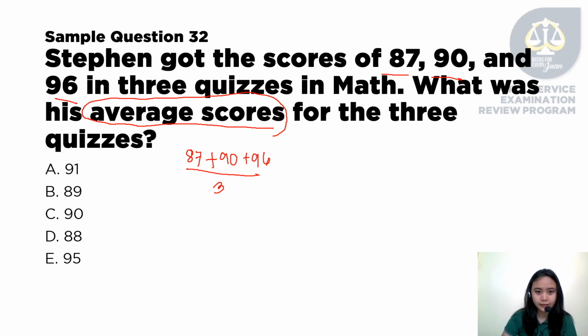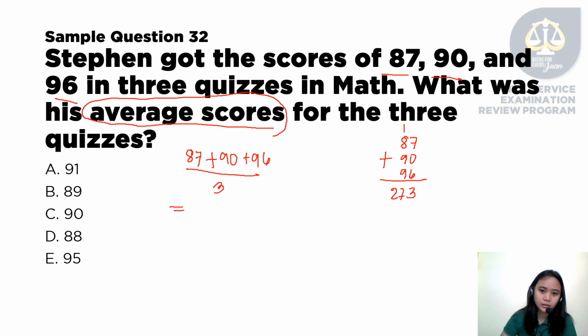So, ngayon, add lang natin 87 plus 90 plus 96. So, mano-mano pa rin yung pag-add kasi hindi allowed yung calculator. 7 plus 6 ay 13. So, 8 plus 1 ay 9 plus 9, 18 plus 9, 27.